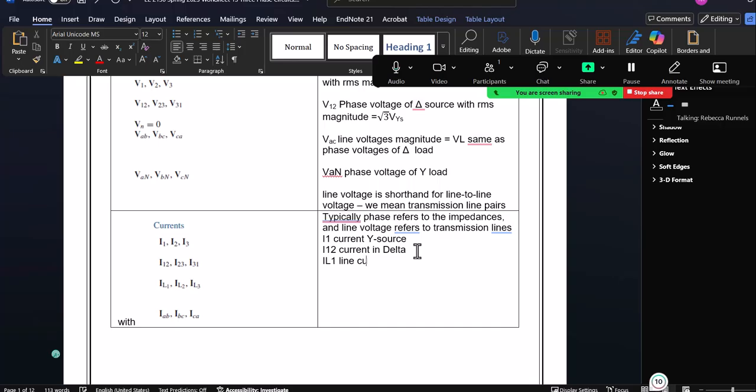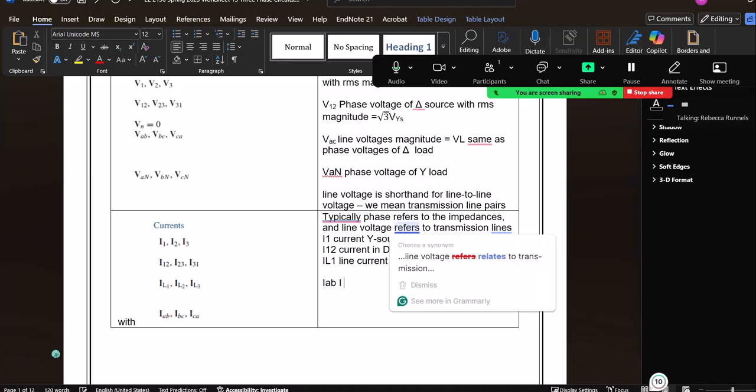So IL1 is a line current in Y. I1 equals IA. And IAB is current in a delta load.